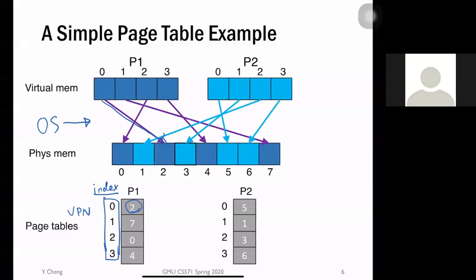If you take a look at virtual page number 2 over here, which is the third value within this linear array, it gets translated into physical frame number 0. Okay, so this is exactly how the third virtual page gets mapped to the very first physical frame.